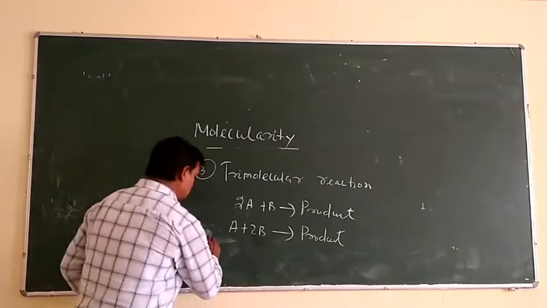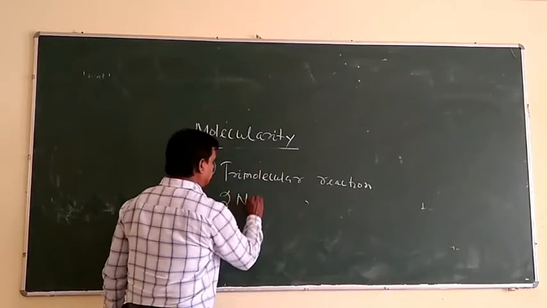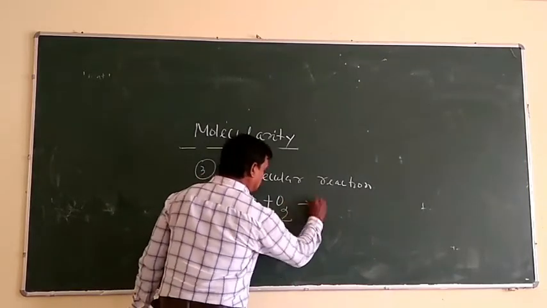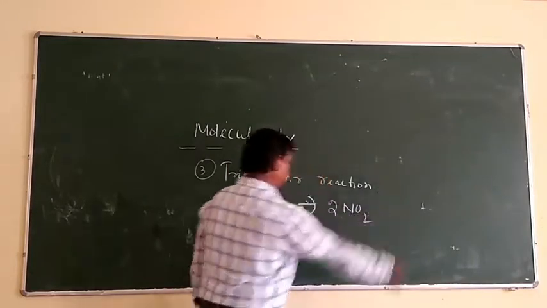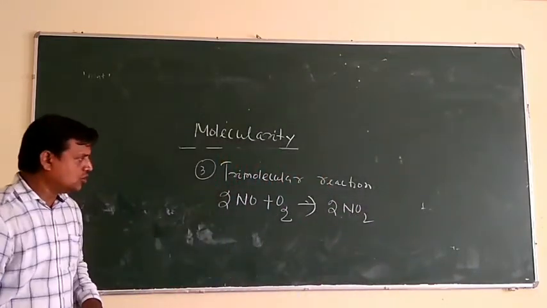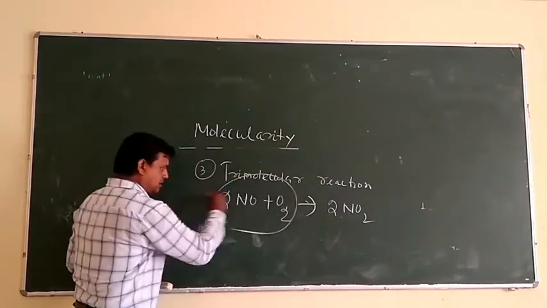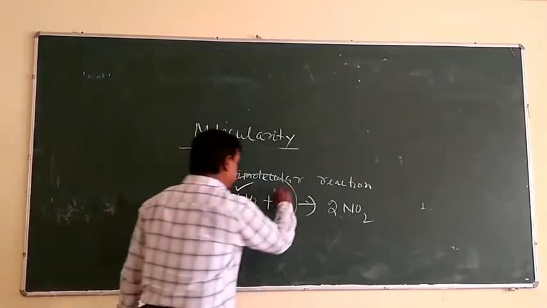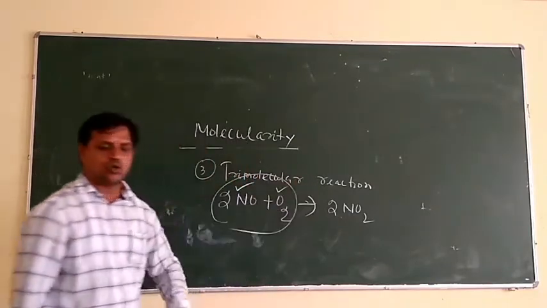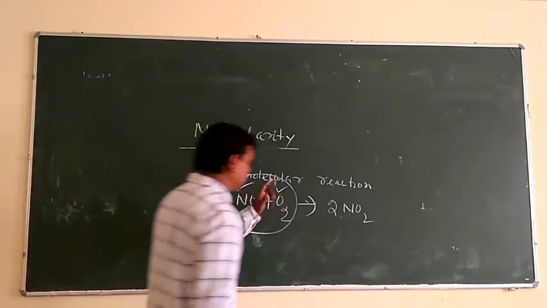For example, two molecules of NO and one molecule of O2 forming 2NO2. So 2NO2 is the product. But on the reactant side, we have taken two molecules of NO and one molecule of O2.